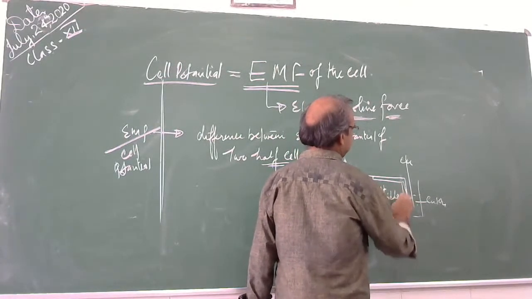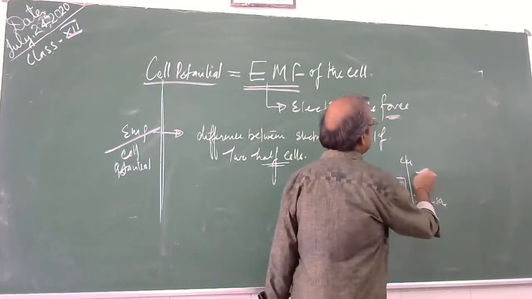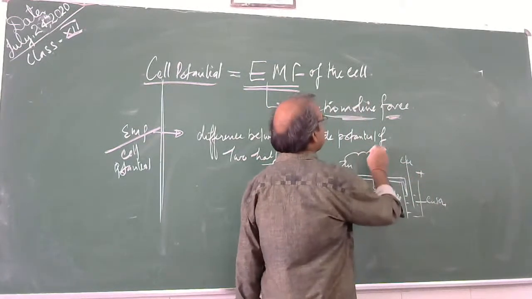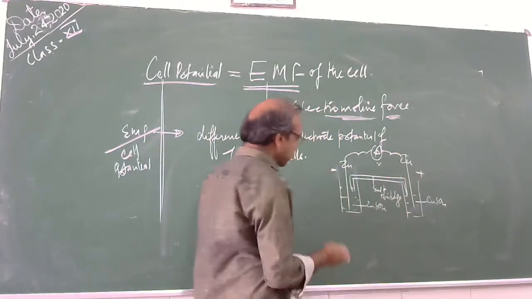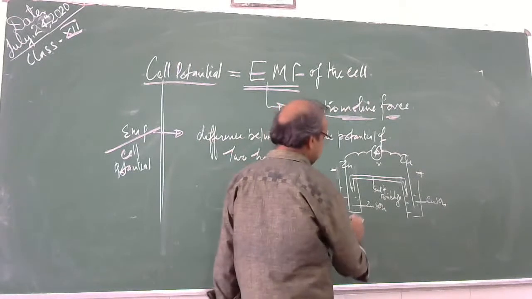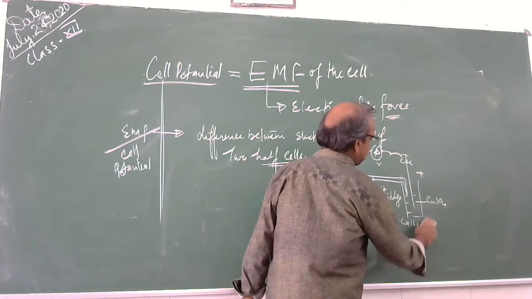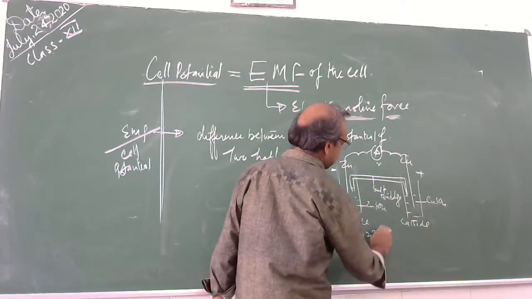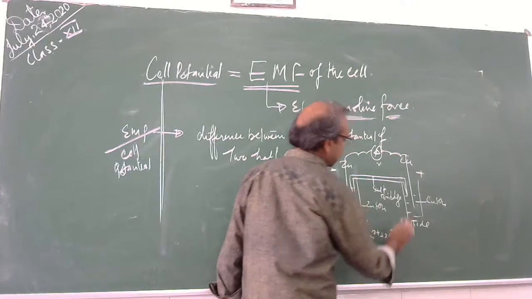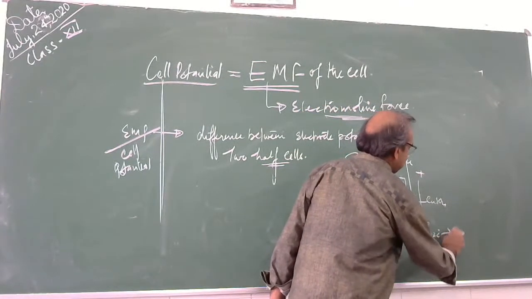Here this is the negative electrode and this is the positive electrode, and both are connected with the voltmeter. Here oxidation takes place, so this acts as anode and this acts as cathode. At the anode, Zn gives Zn2+ plus 2 electrons, and here Cu2+ plus 2 electrons gives Cu.